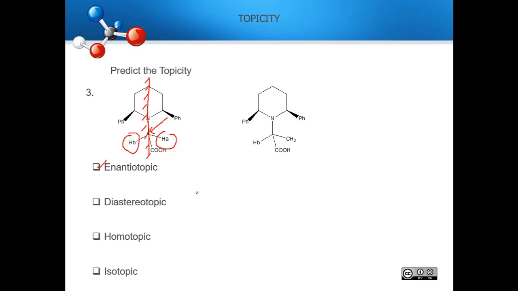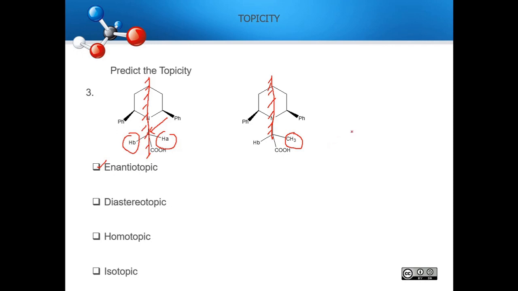Now in this case, what happens? We are replacing hydrogen with CH3, and we are actually removing this plane of symmetry by replacing the hydrogen with one CH3 group.